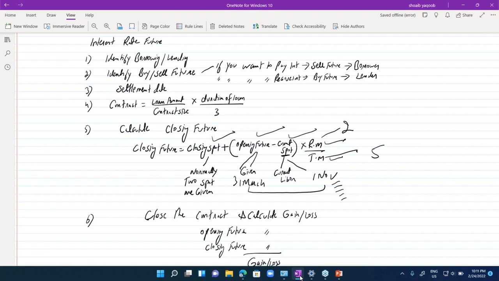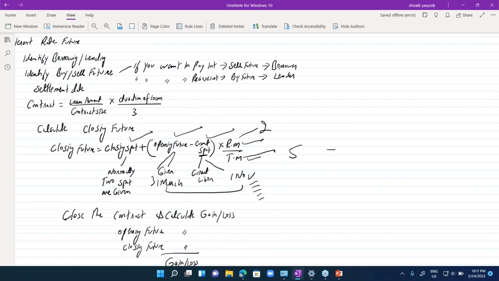So let me apply the formula here. Closing spot is 6.6%, plus opening future will be 6.05. Current spot is 5.7. You can write a percentage here, into 2 divided by 5.